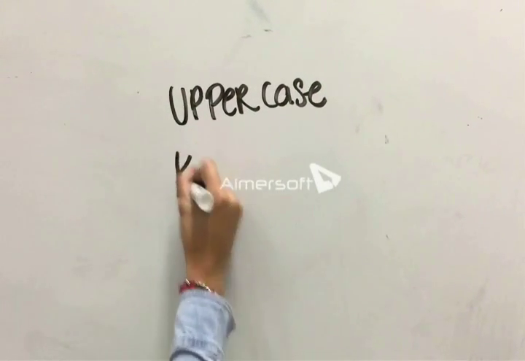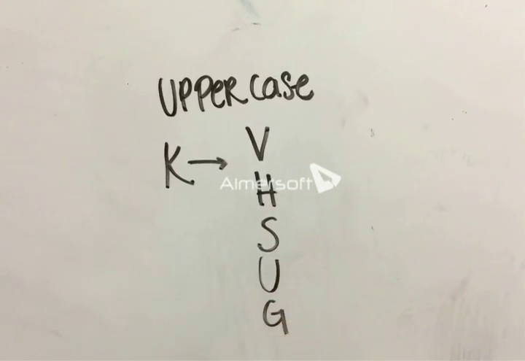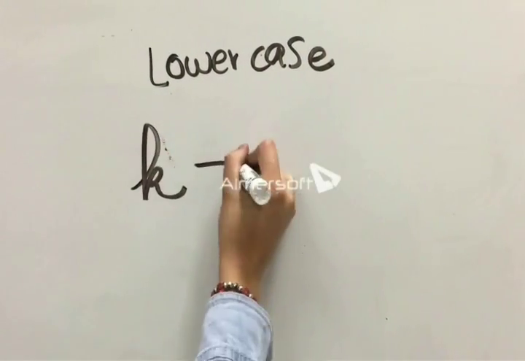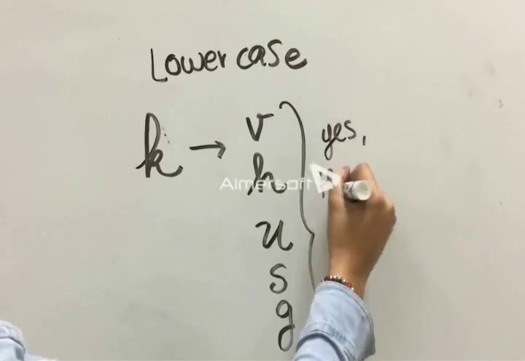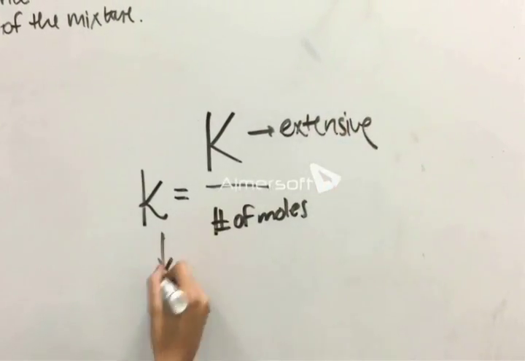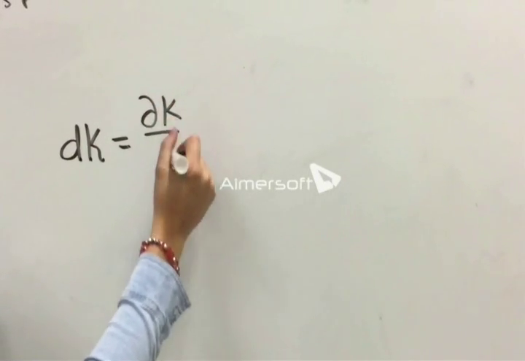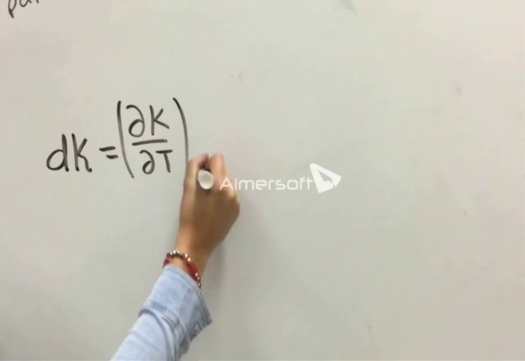In the upper case, K is the extensive thermal property of the entire mixture, and in the lower case, k is the intensive property when K is divided by the total number of moles. Then, K can be written for each independent variable.